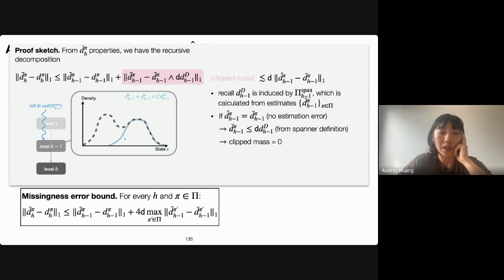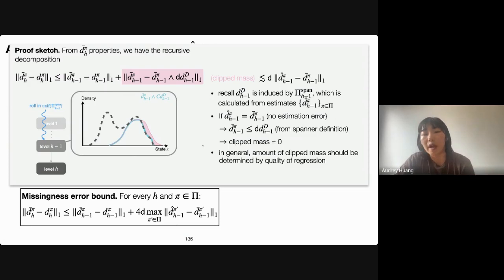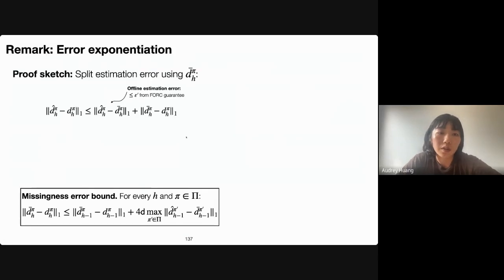So that's shown in the dashed line on the left again. And with this perfect estimation, we have the clipped mass being equal to 0. But in general, because we don't have d hat pi being equal to d bar pi, the amount of clipped mass should be determined by the quality of regression intuitively, and that corresponds to this pink area here. Okay, so yeah, that's the proof sketch for this missingness error bound.